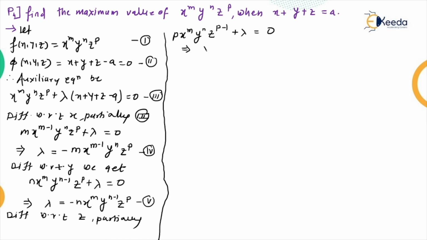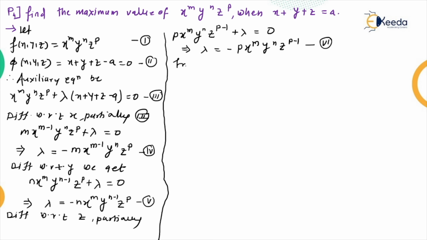Therefore lambda is equal to minus p x power m, y power n and z power p minus 1. For reference we call this equation number 6.